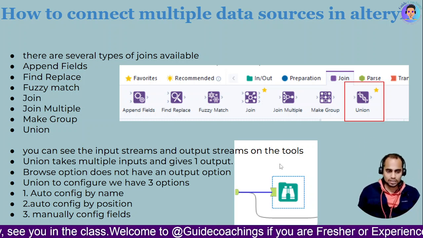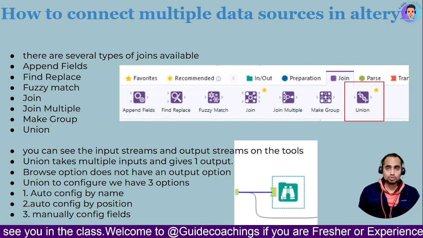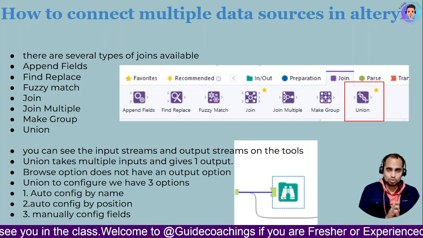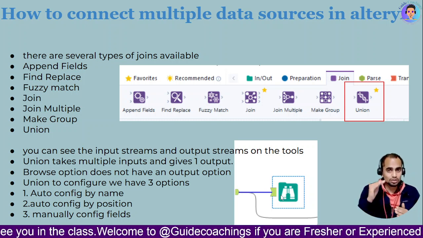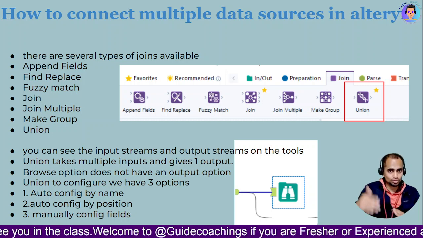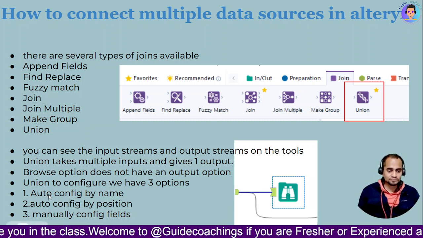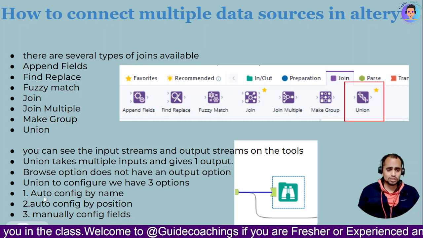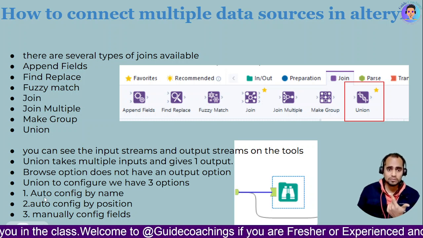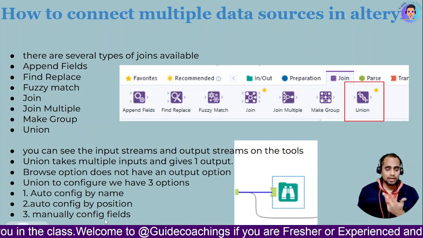We can see the inputs using the Browse tool, so we will always use Browse to get the results. Then it has three options: auto config by name, auto config by position, and auto config manually configuration field.